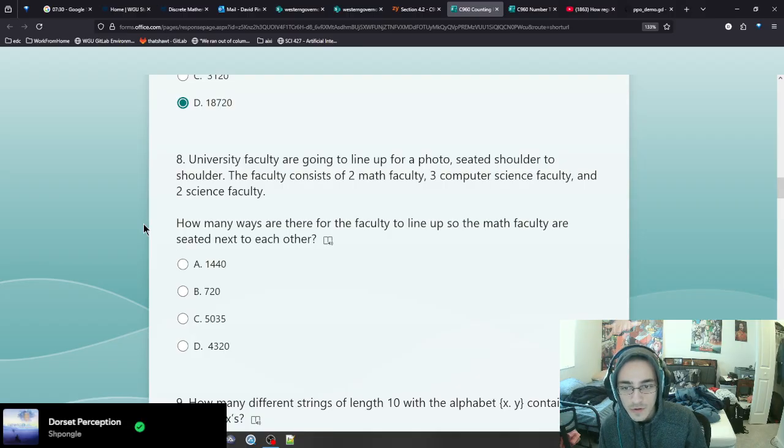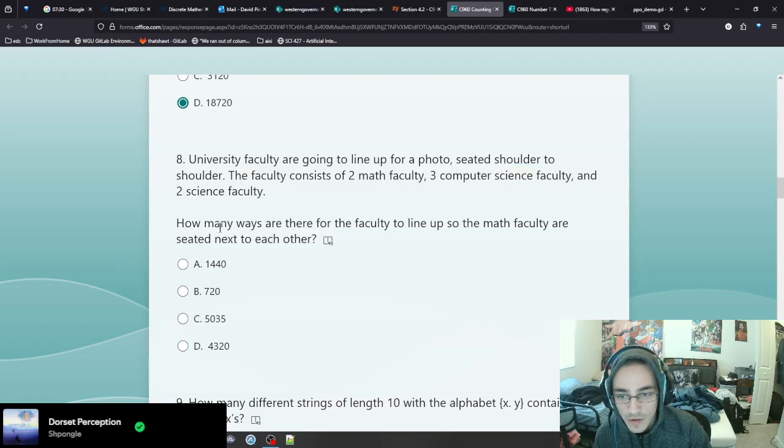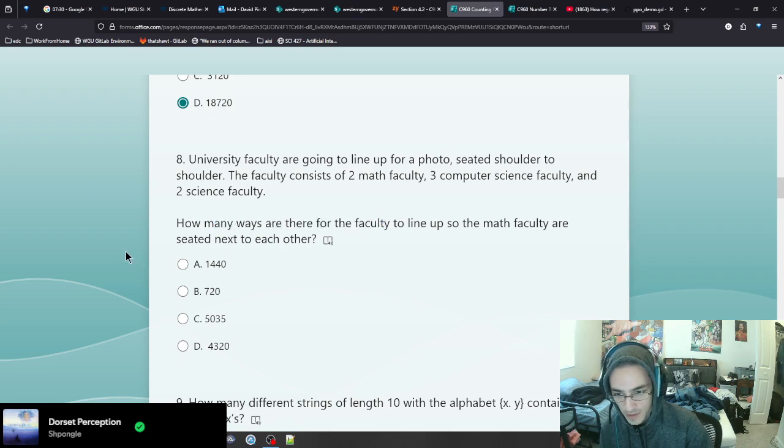So 12 different seating arrangements for the math faculty, but that's not including the possibilities for the other 5. And they're asking for the entire faculty, not just the 2 math faculty. So there's 12 ways for the math faculty, and then we're going to multiply 12 by all the rest of the 5.